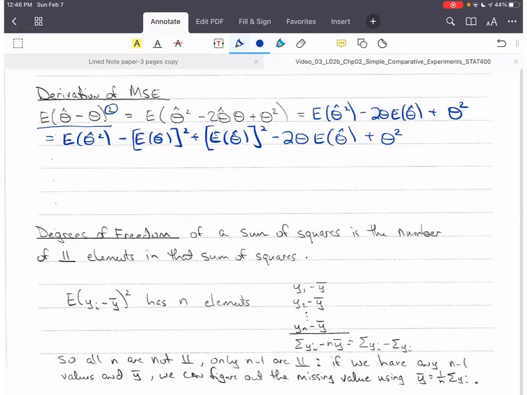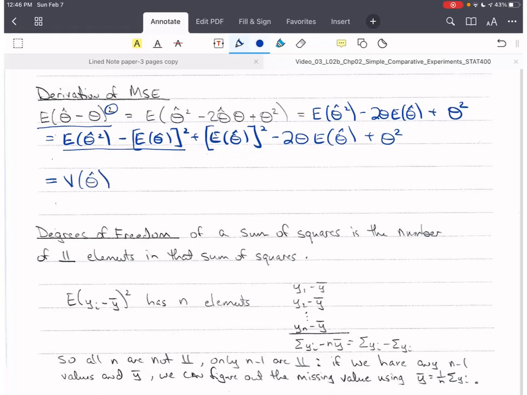Now our definition of variance of theta hat is given by this expression right here. I take the expected value of the square of something minus the square of the expected value. That is the variance of our quantity. So this is V of theta hat.